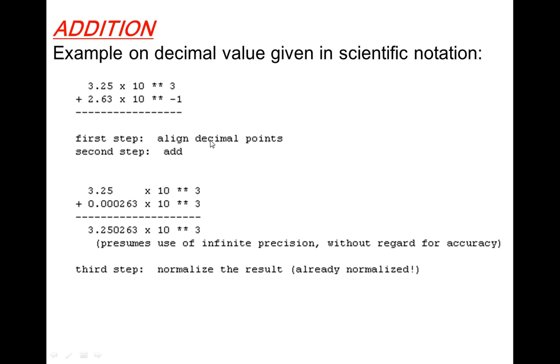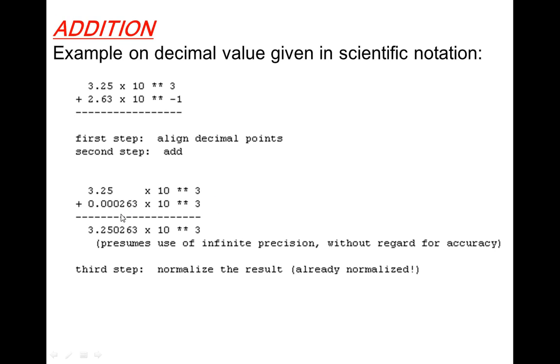So I am repeating how I calculate. First of all, this is 3.25 times 10 power 3, and this is 10 power minus 1. My target is to first align the decimal points, so the second number is converted into 10 power 3. 10 power 3 is 1000, so divide this number by 1000. This is 0.000263 times 10 power 3.